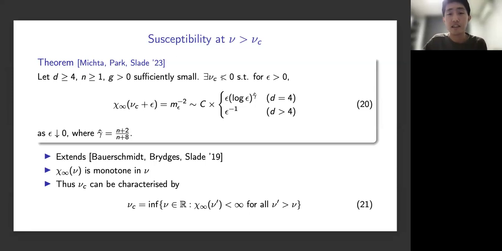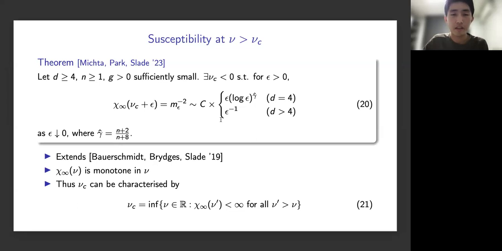It states that there exists a negative critical number nu_c, such that for any positive number epsilon, the infinite volume susceptibility at nu_c plus epsilon is given by m_epsilon to the minus 2, where m_epsilon here is the effective mass, and is also asymptotic as epsilon goes to 0 to the formula in equation 20.